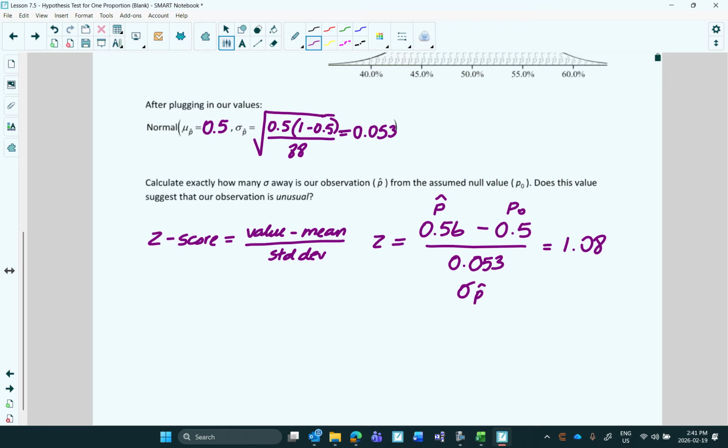Because remember, when we start getting more extreme, we're talking 2 standard deviations, 3 standard deviations, more than that. But if we're within 1, we're fairly close to the middle, which tells you that it's not that unusual, but we still have to prove it mathematically.